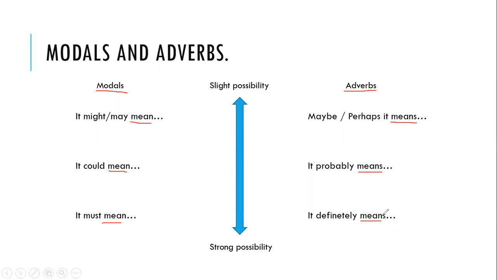Okay, now what is the placing of the modals and the adverbs. As you can see, all the modals, the position of them goes after the subject. The subject that we are going to use is always it.